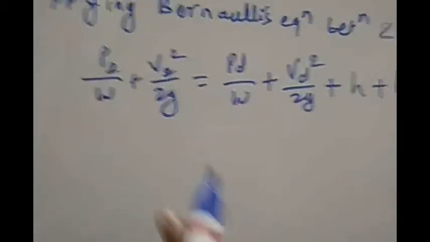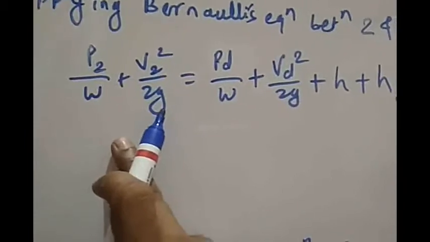So this is the Bernoulli equation between point 2 and point 3.